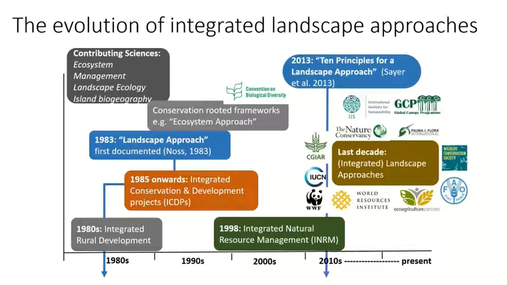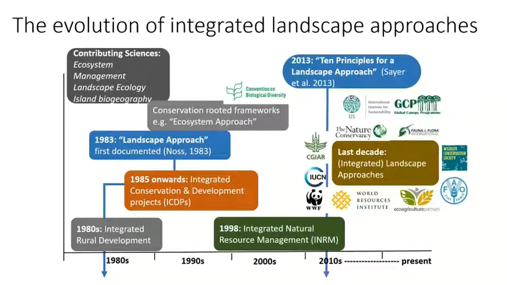And in the last two decades, there is this integrated landscape approach, and we've put on the graph a number of different implementing organisations or institutions that are embracing these integrated approaches.